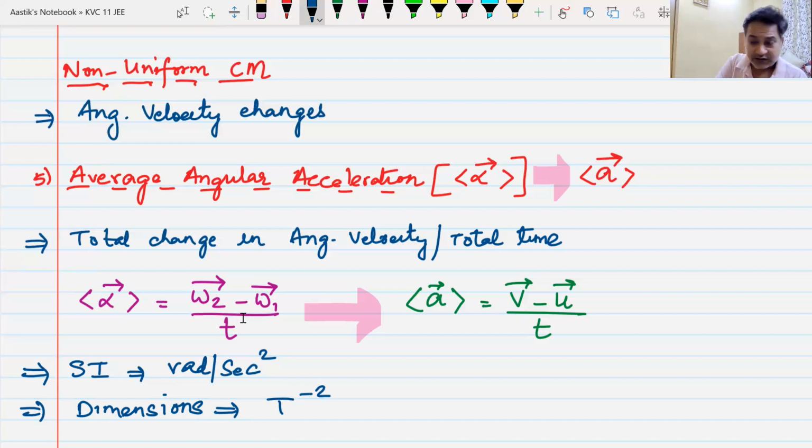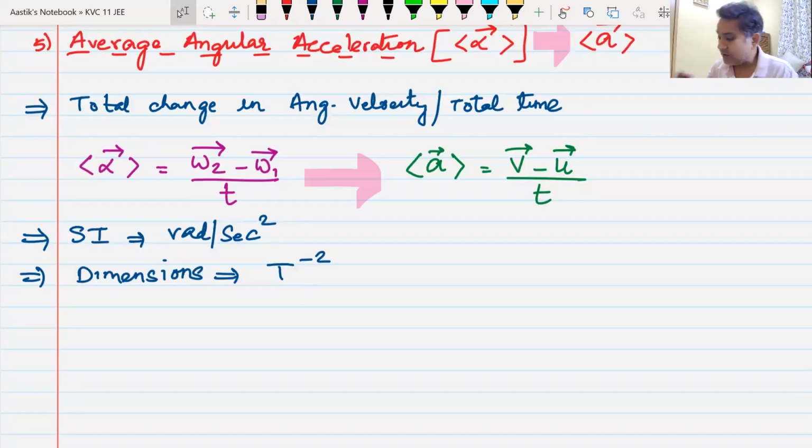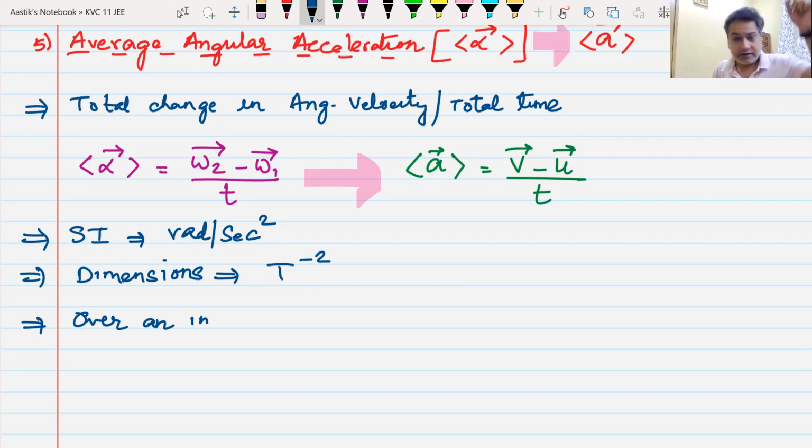Now, as soon as we hear the term average, one thing should always strike us: once we talk about average, the average value is always calculated over an interval of time. So this is calculated over an interval of time between A to B, T1 to T2, here to there.